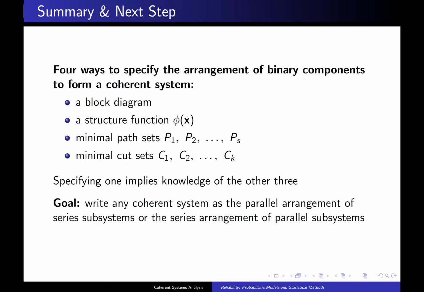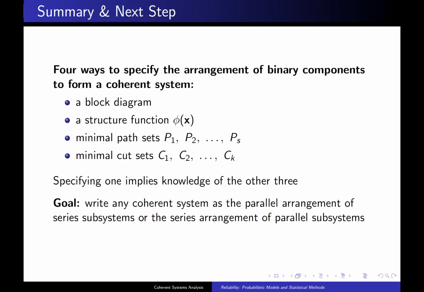And the fourth way to specify the arrangement of binary components to form a coherent system is to specify the minimal cut sets C1, C2 up to C sub k. If you specify any one of those methods for specifying the arrangement, that implies knowledge of the other three.